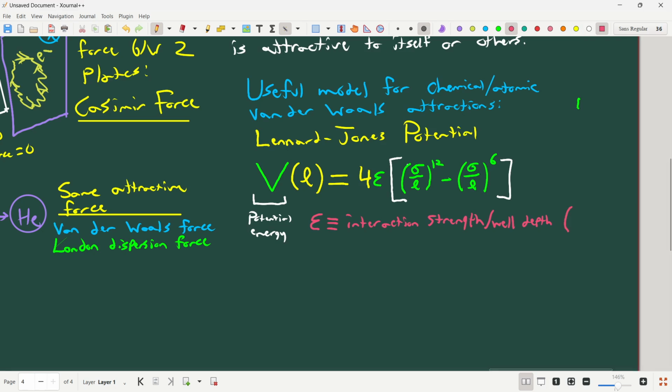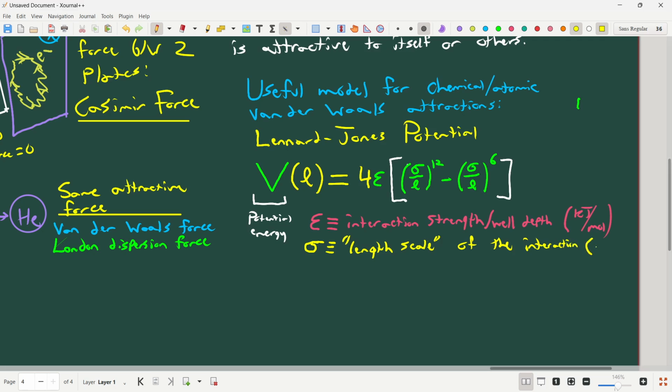And of course, this has units of energy, kilojoules per mole. And sigma is what's called the length scale of the interaction. It has units of meters or angstroms, whatever you prefer, length.